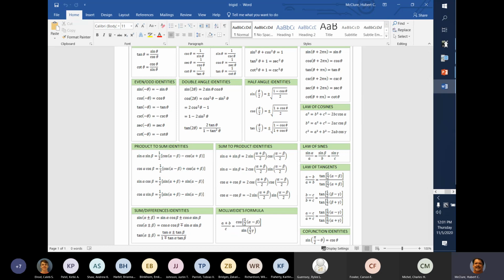And the question says cosine of A minus B. So you go to your cosine and you get cosine of A minus B is equal to that. And that's going to give you cosine. So I'm going to do it for you.